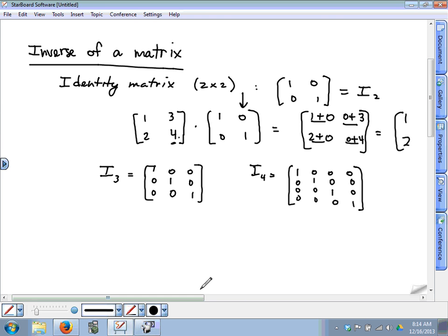So what's the big deal about an identity matrix? Okay, listen carefully. Write this down.